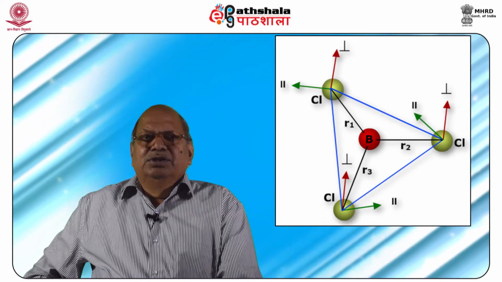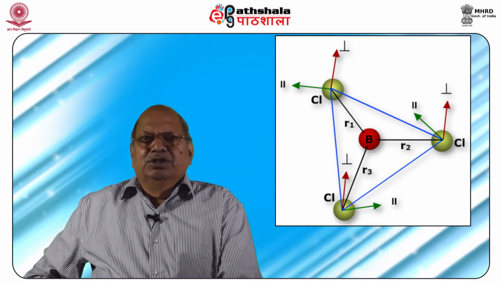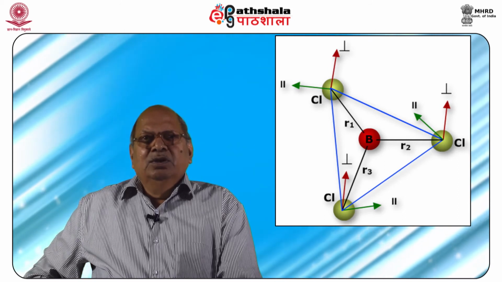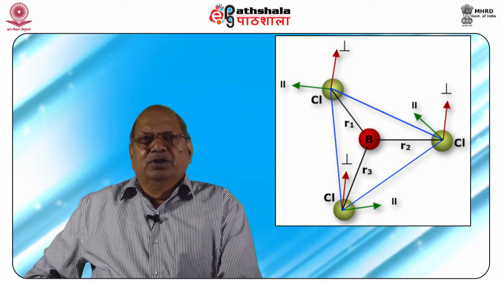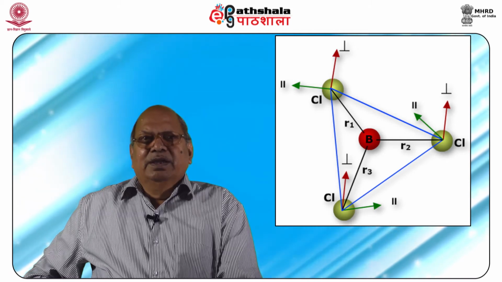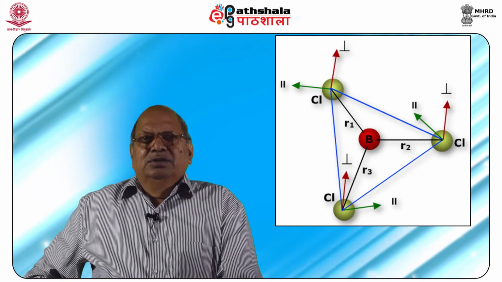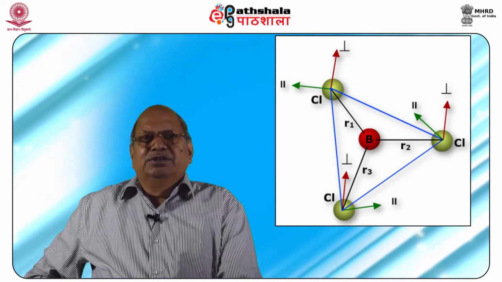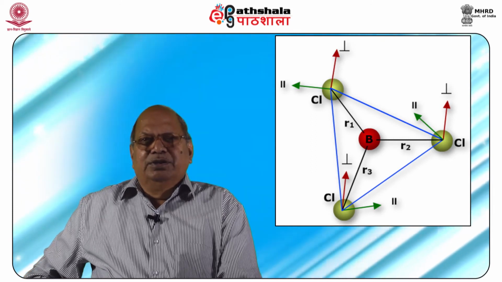It is easy to study the effect of symmetry operations on 6 separate vectors on the chlorine atoms, 2 on each chlorine, rather than to study the effect on the 6 vectors present on the boron atom. Another point to be noticed, as I mentioned, is that the perpendicular vectors cannot be interchanged with the vectors in plane by any symmetry operation of the D3h point group.